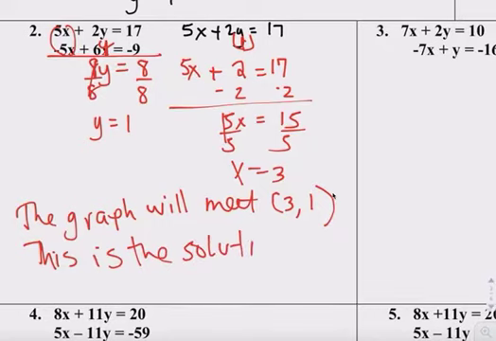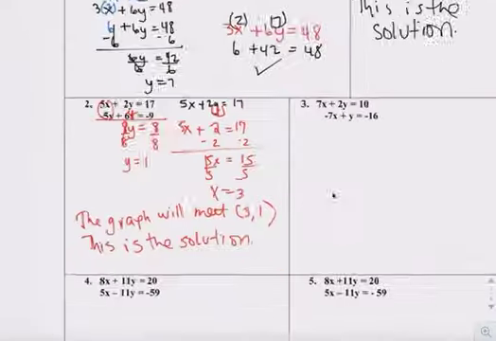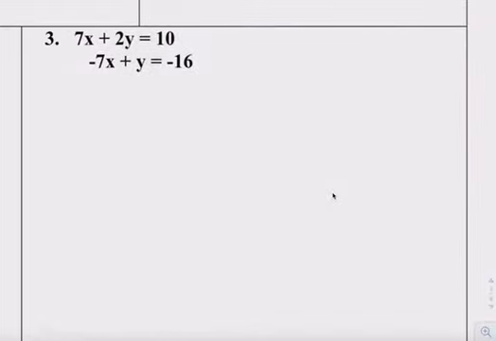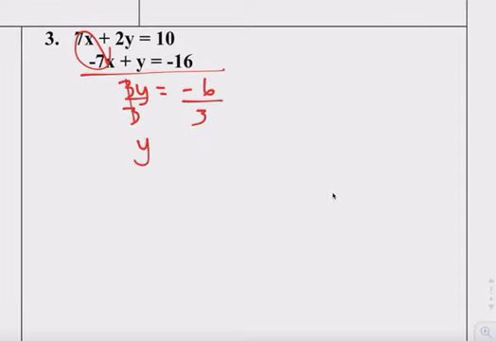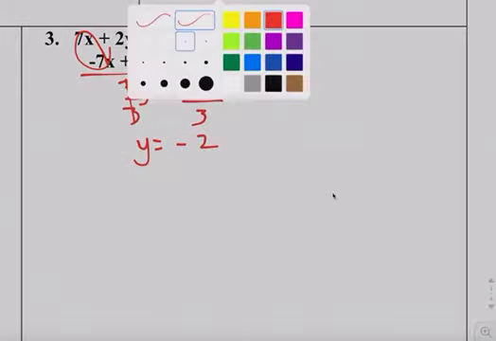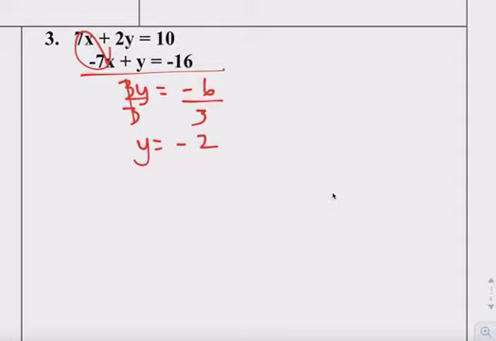Number 3 here. That's a 0. 3y equals negative 6. Okay, y is negative 2. 7x plus 2y equals 10, and y is negative 2. So 7x plus negative 4 equals 10.